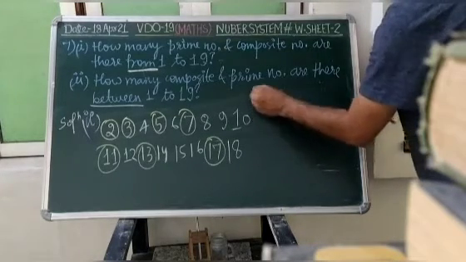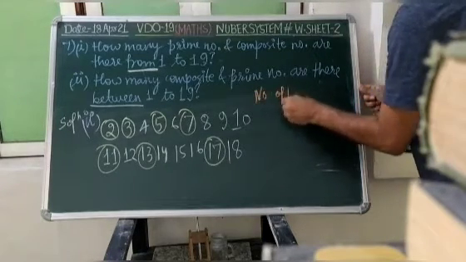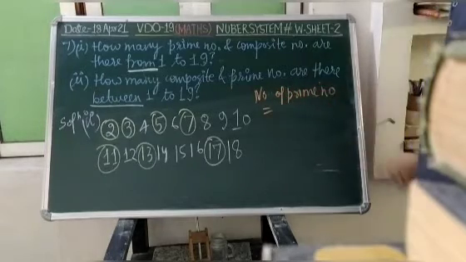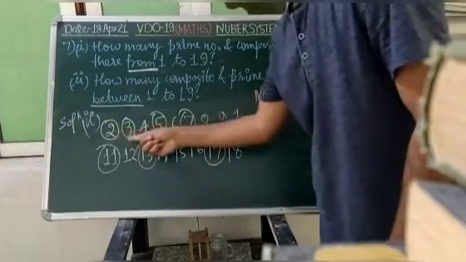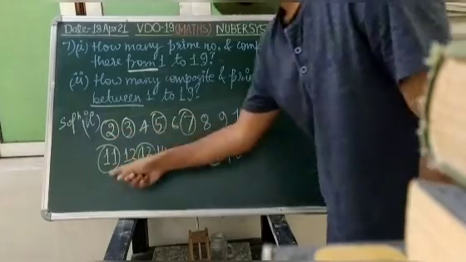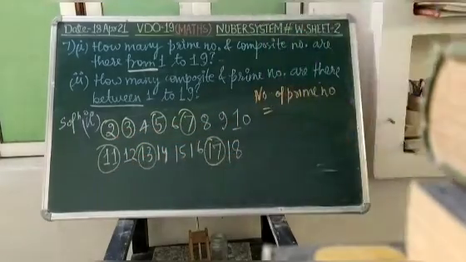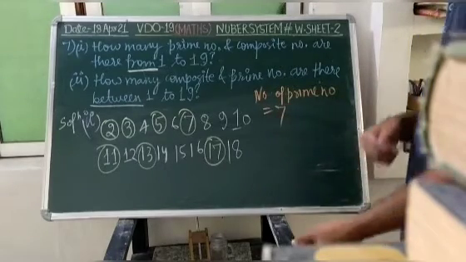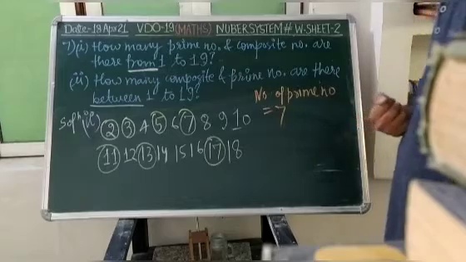So the number of prime numbers now will become 1, 2, 3, 4, 5, 6, 7. The number of prime numbers will become 7 in it.